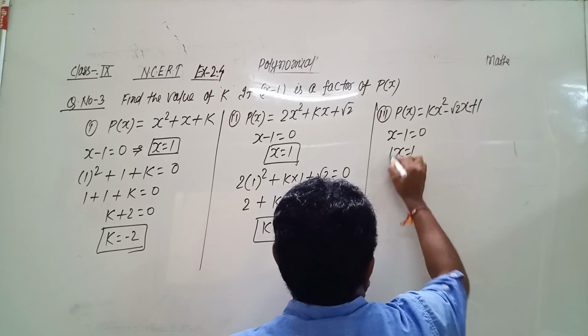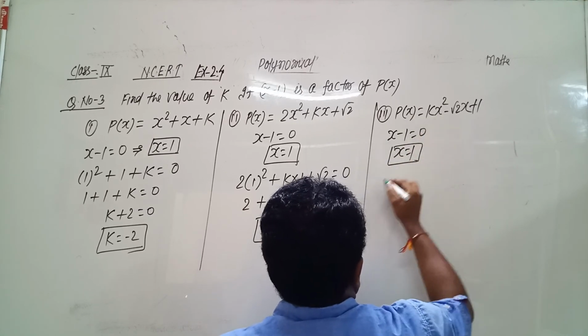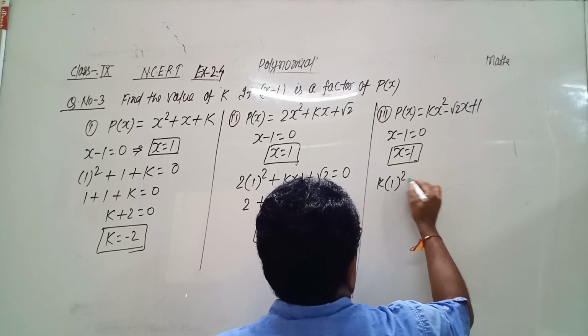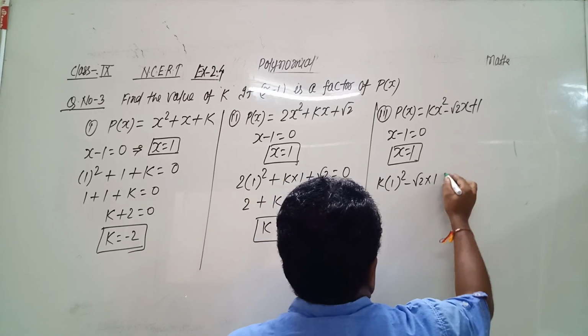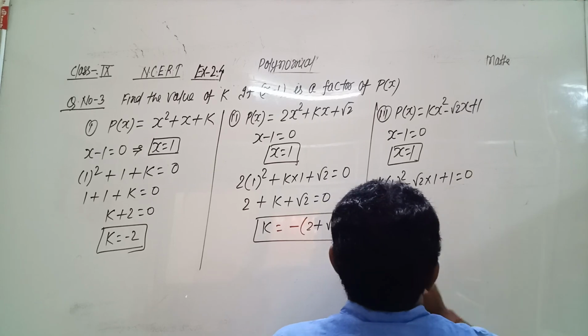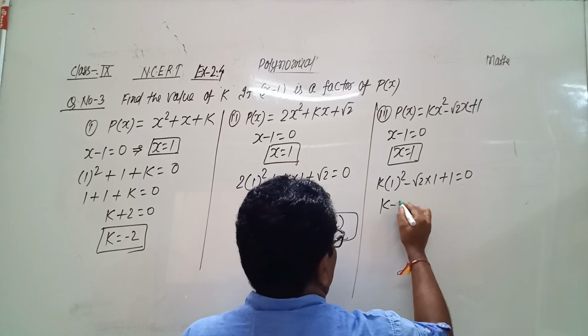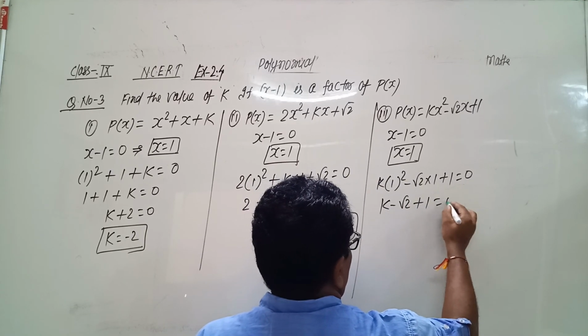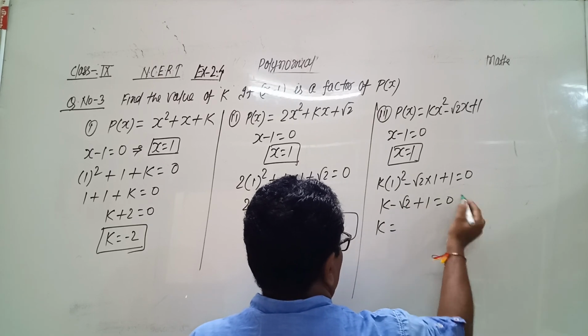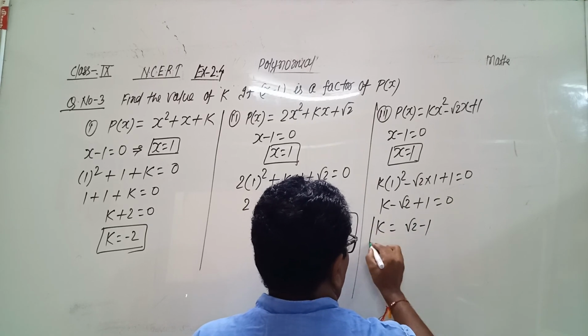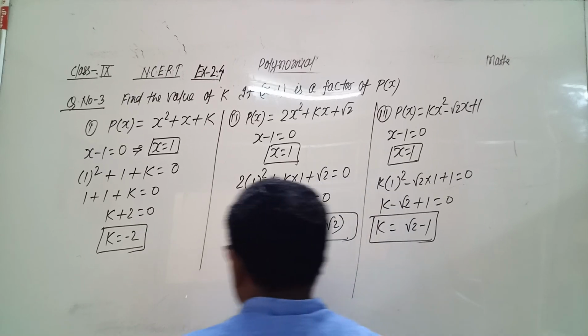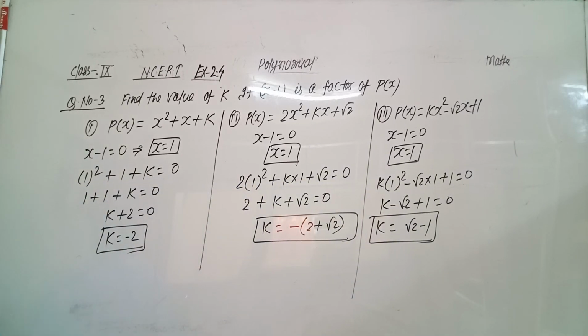Find the value of x, and then put the value of x in the given expression and make it equals to 0. So k minus root 2 plus 1 equals to 0, and both the terms will go on right side. Their sign gets changed. The value of k equals to root 2 minus 1.